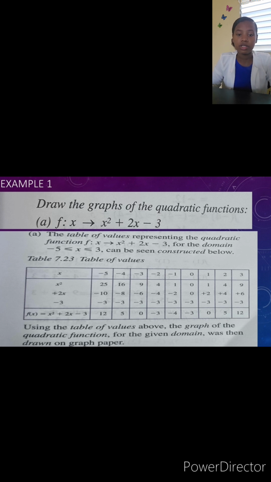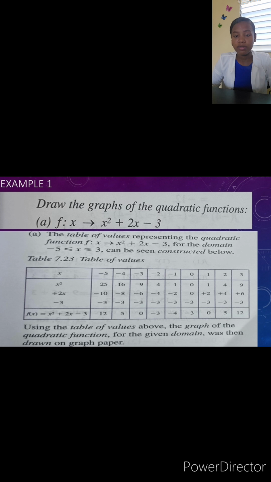In the table below, they give us the values for x, which means we have to find the values for y. Very good. Wherever we see x, we are going to substitute the value they gave us for x, and we are going to find the value. So working that out, the first value for x is -5.